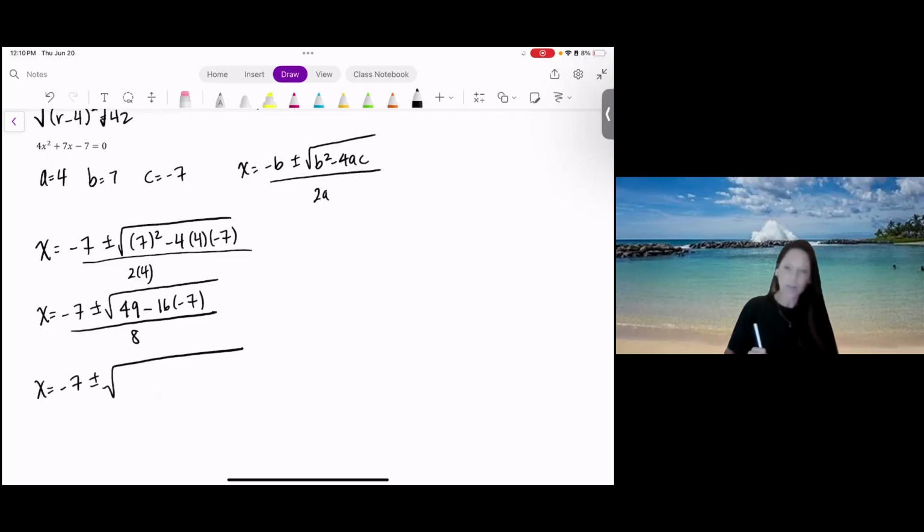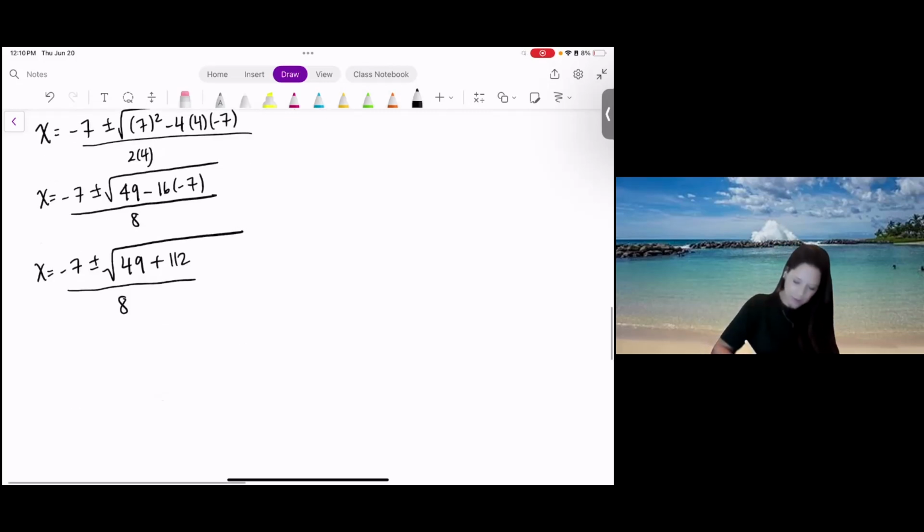X equals negative 7 plus or minus 49 plus 16 times 7 is 112. And a negative times a negative makes it a positive, all over 8. X equals negative 7 plus or minus 49 plus 112 is 161, all over 8.